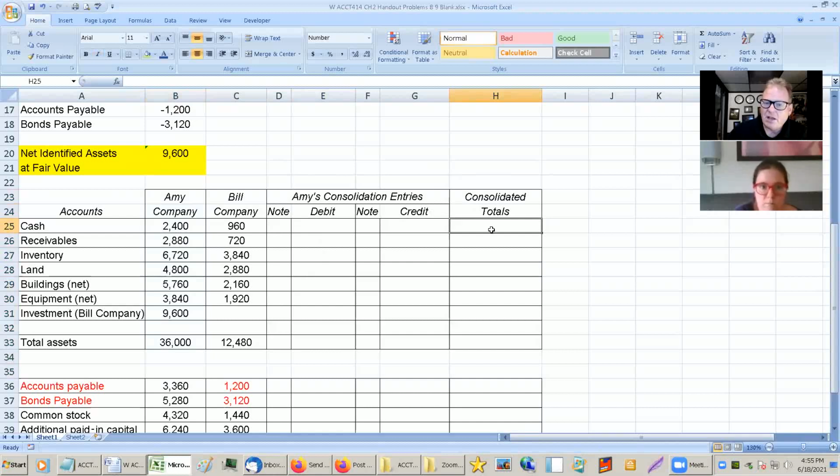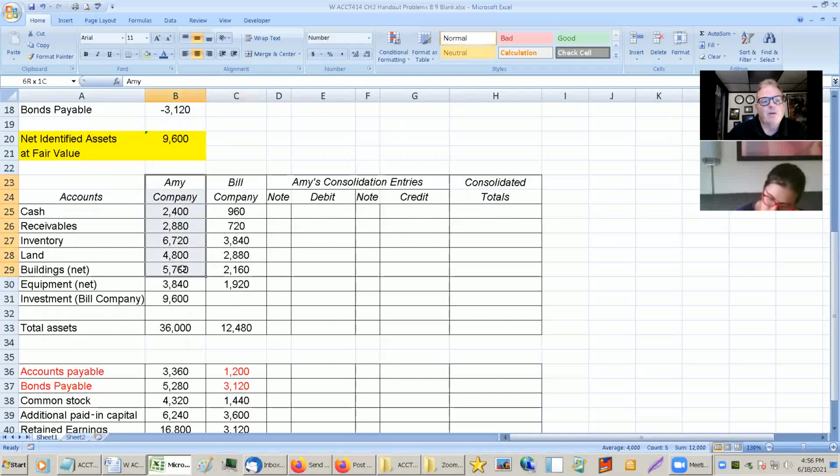Once a consolidation is done, once we put them together, then we reverse all of these out and start all over, because Amy Company and Bill Company are really operating as two separate companies. So these are temporary journal entries that we put on the books to adjust for this other company.